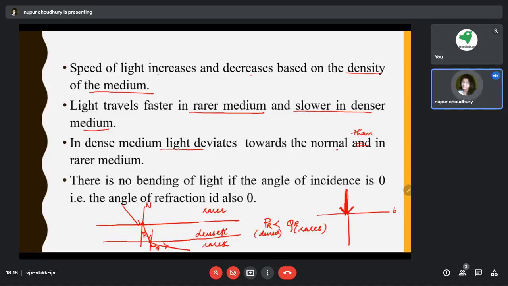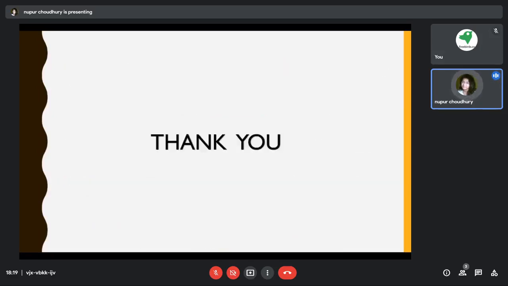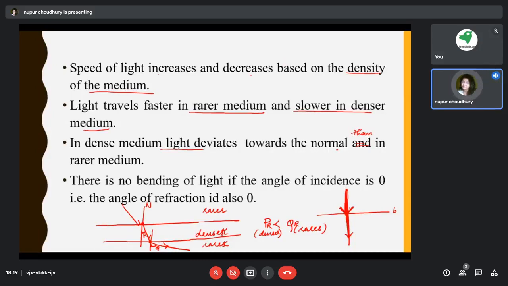Then the refraction of the light will take place, no doubt, but the angle of refraction would also be 0. So you will not observe any such phenomenon. All right, so let us see a few examples based on refraction.